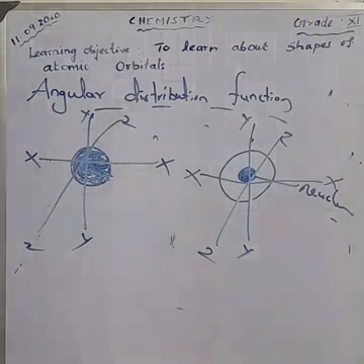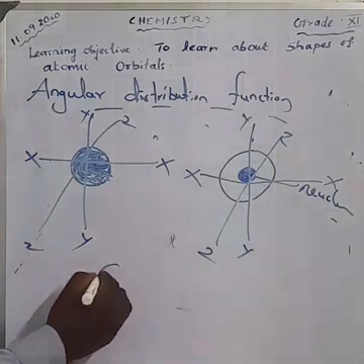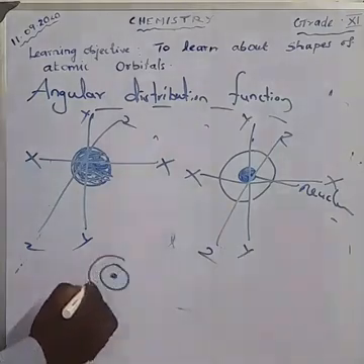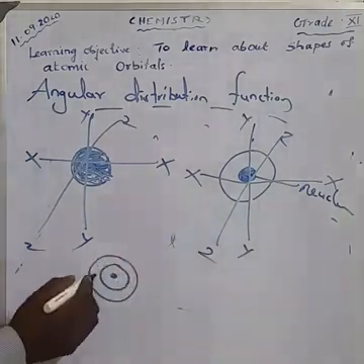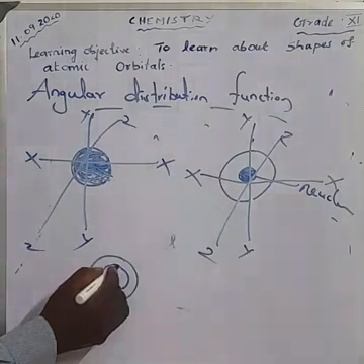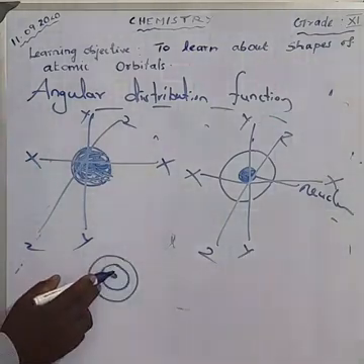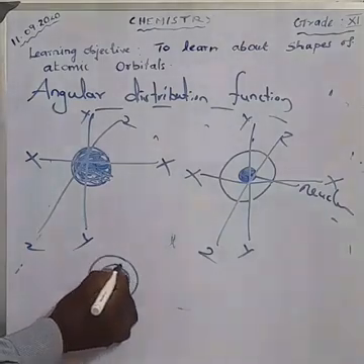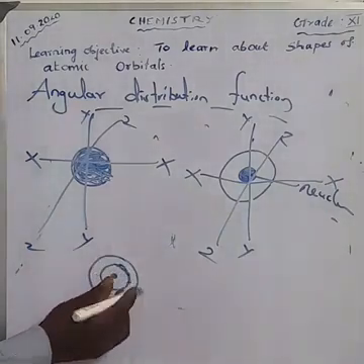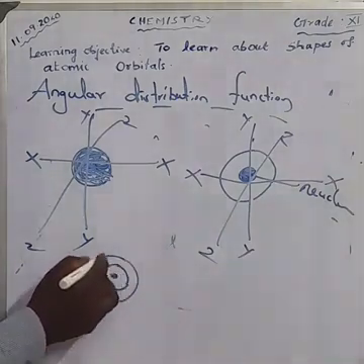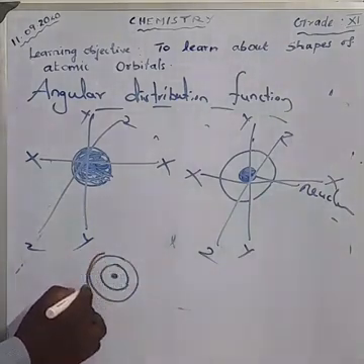Next about the 2s orbital. What is the difference? Imagine this is the first, 1s orbital. Next one, in between, is the 2s orbital. Between the 1s orbital and 2s orbital there is some gap, some space.